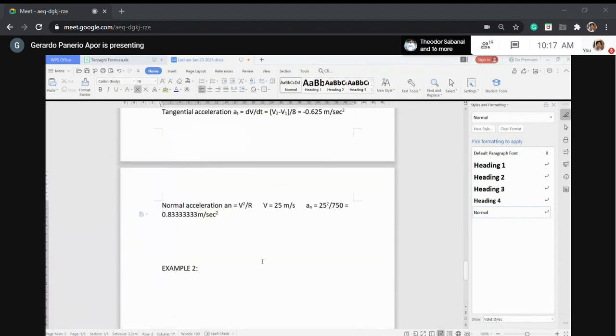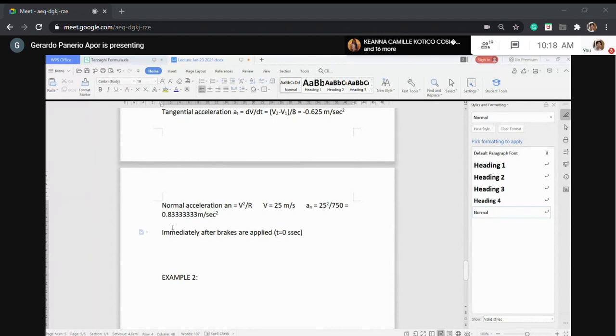Immediately after, at time 0, t is equal to 0. That's the start of the deceleration.